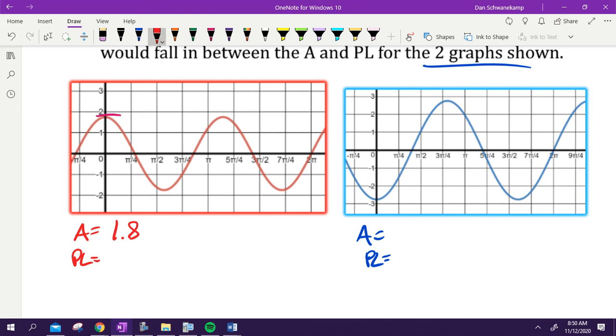What about period length? Anybody have a good guess on period length? 7. I disagree with that. Tell me when I've reached a full period length here.